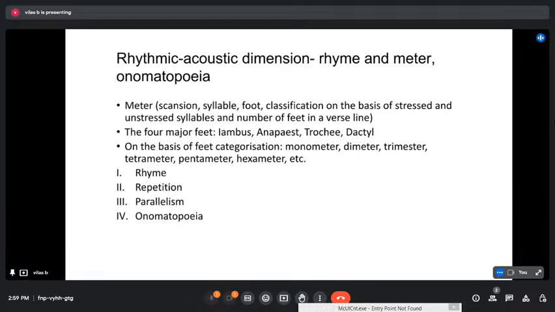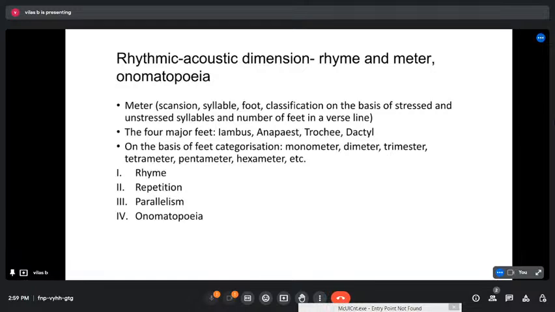Anyway, coming back to the point, there are four major feet. Iambic is the unstressed, stressed pattern. Anapest has three syllables, with the pattern unstressed, unstressed, stress.